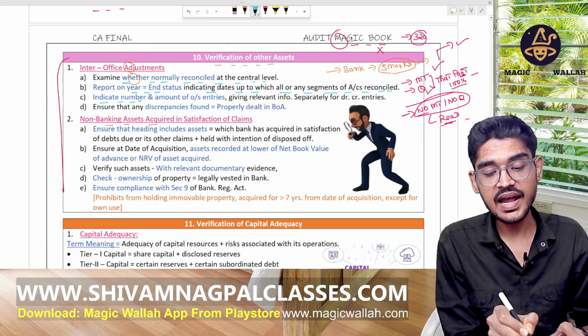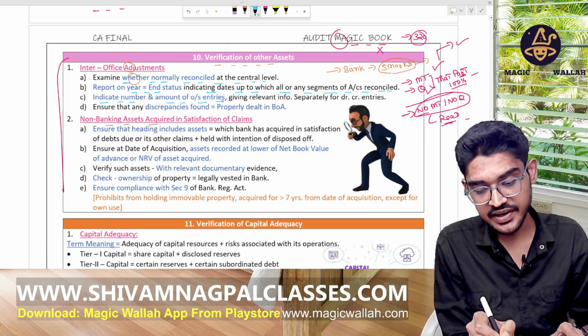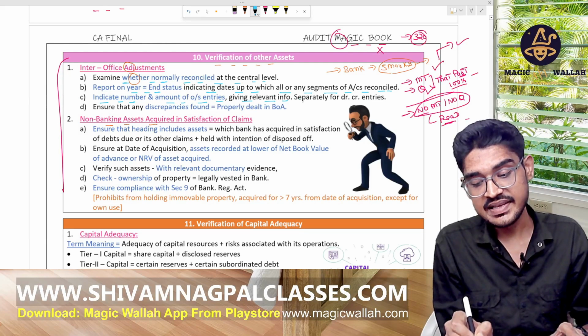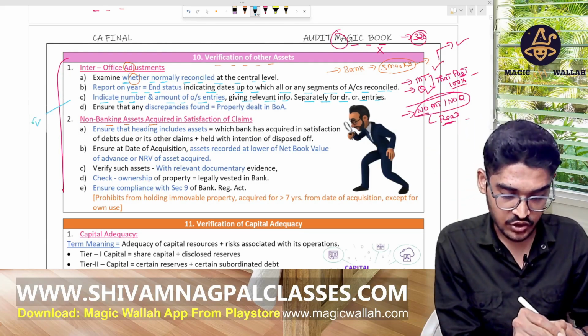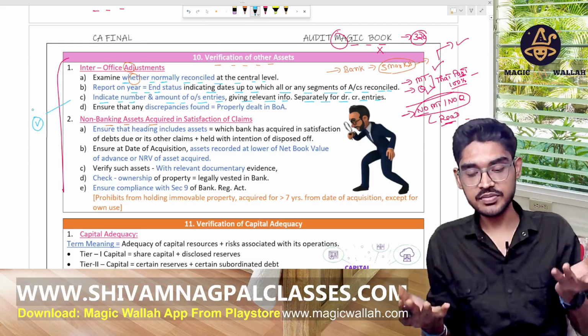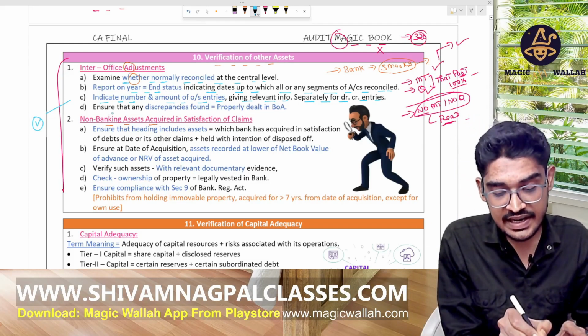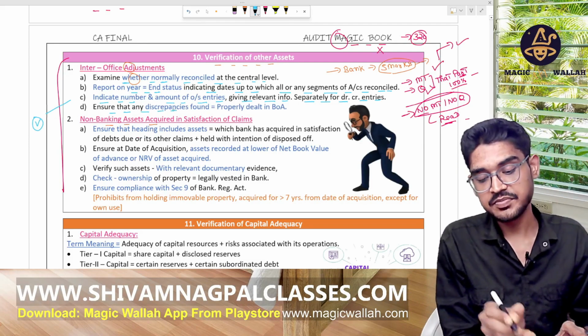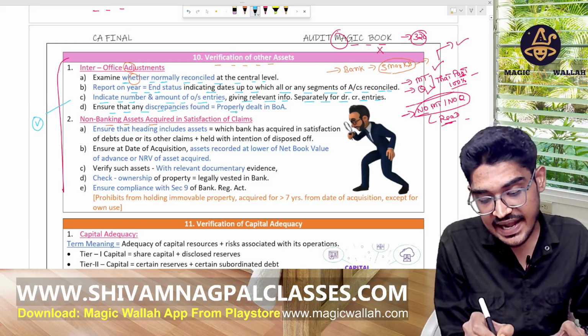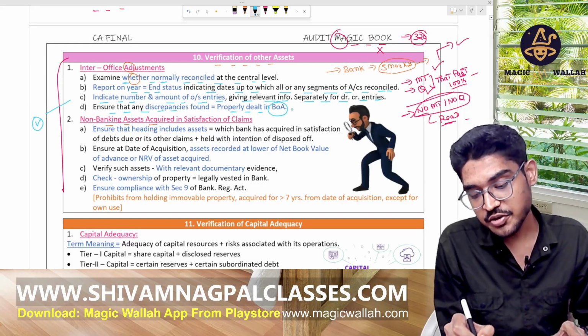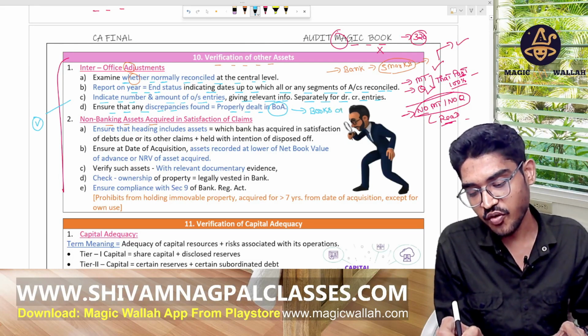Indicate the number and the amount of the outstanding entries, giving relevant information separately for the debit and credit entries. Whether all the amounts are shown or not, all the adjustments are made or not, check that and ensure that any discrepancy found is properly dealt with in the books of account. You can write here: books of account.